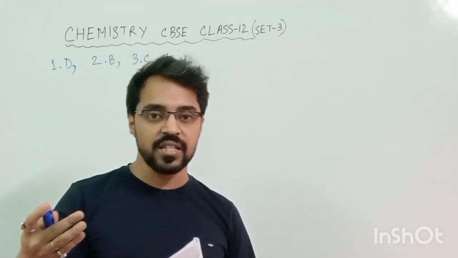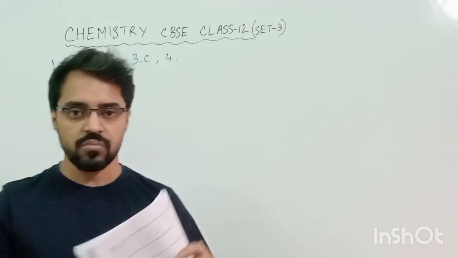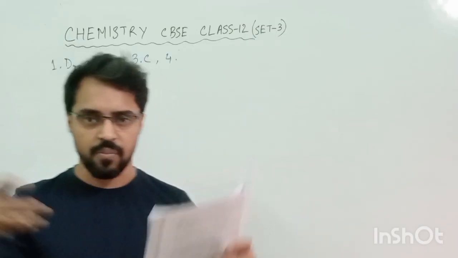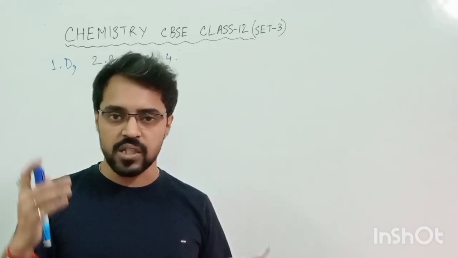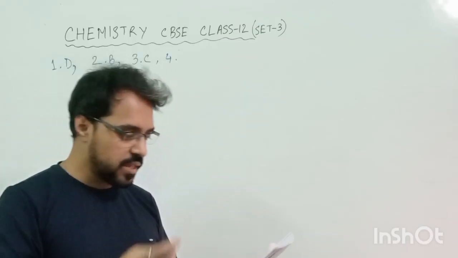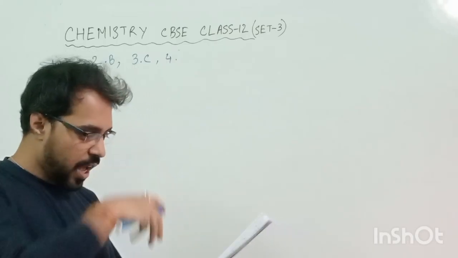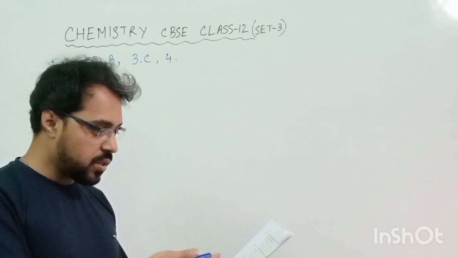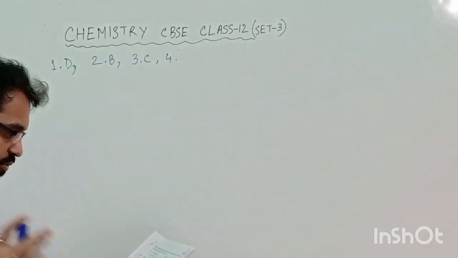The higher side is because of the repulsion from the electrons of the ligands which are approaching. So the Eg set of orbitals will experience more repulsion. Eg means dx square minus y square and dz square. So 4 is B.